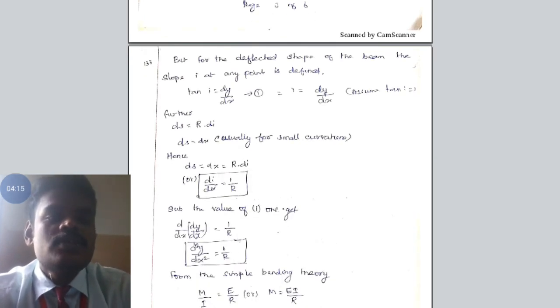For the deflected shape of the beam, the slope i at any point is defined. In that particular graph, we have a small angle of intersection which is denoted by the letter i. In order to calculate this slope, we can use the formula tan i is equal to dy by dx, where dy and dx are the coordinates in the y and x direction respectively.